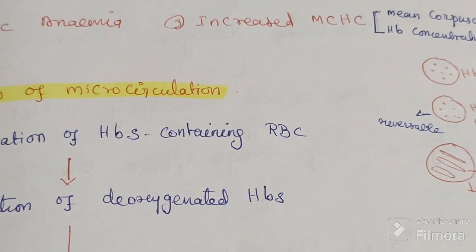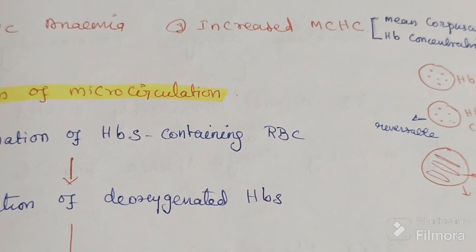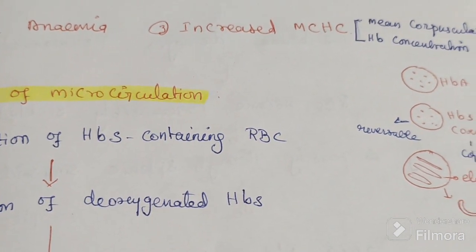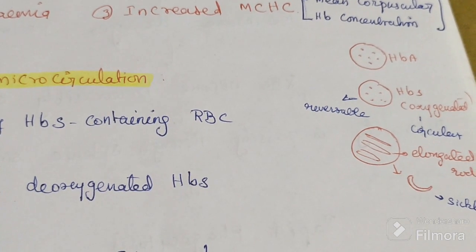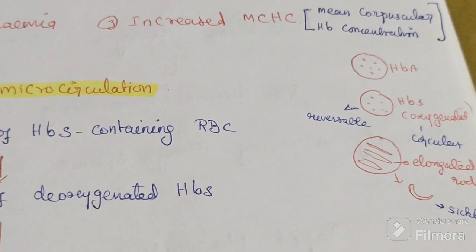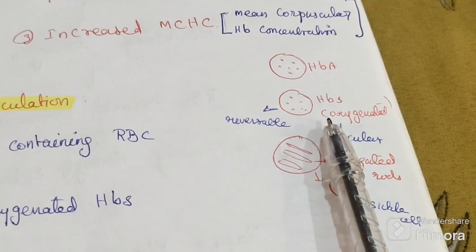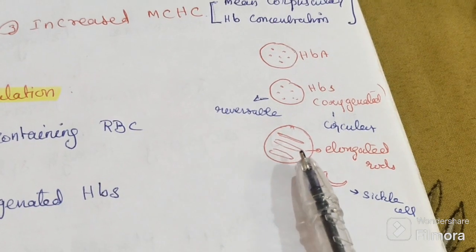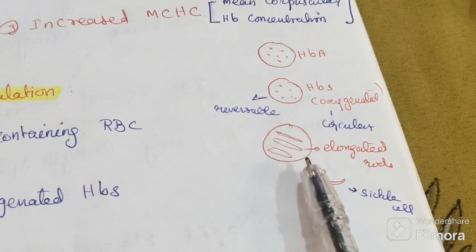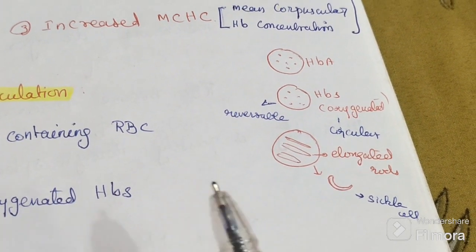So HbS, what is the problem if it is oxygenated? It is also dispersed like hemoglobin, but during the deoxygenated state, it forms an elongated rod. So normal hemoglobin in the oxygenated state is presented like that, but during the deoxygenated state, it will form an elongated rod.